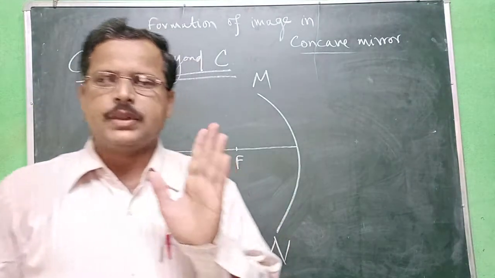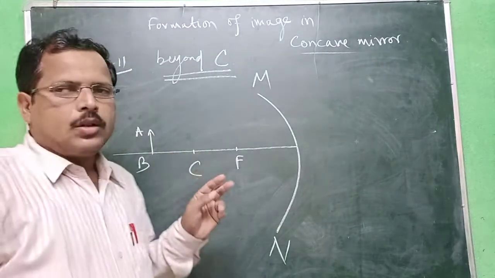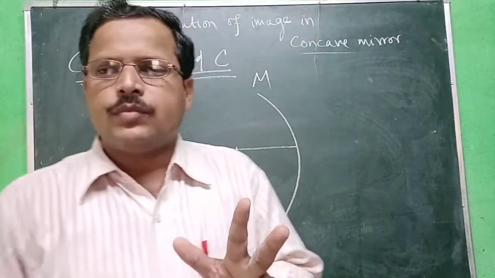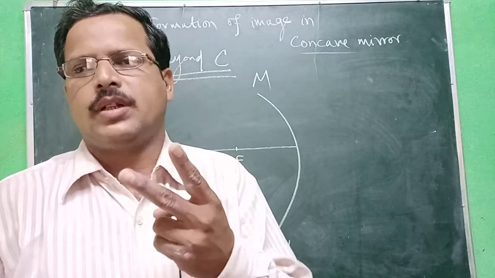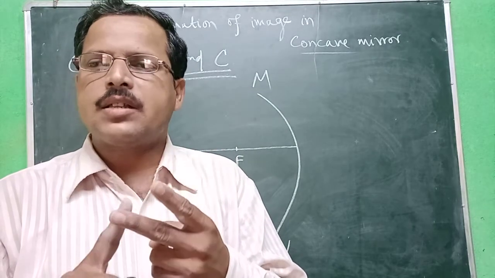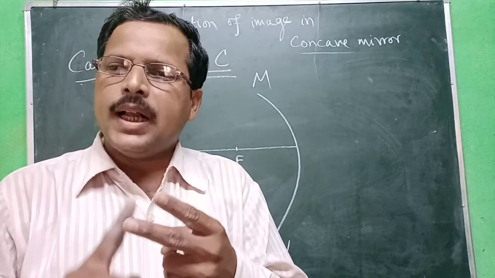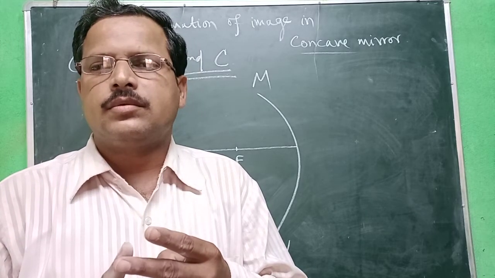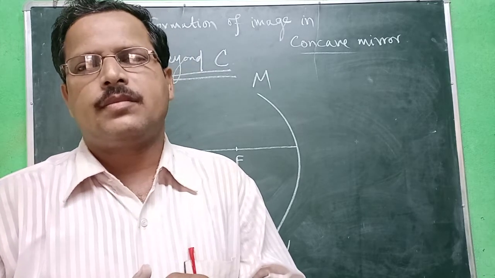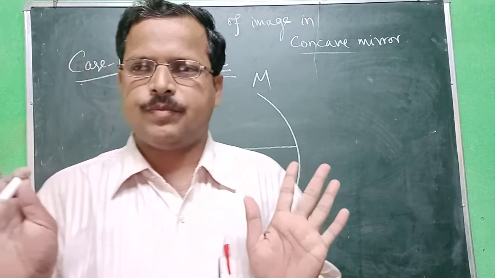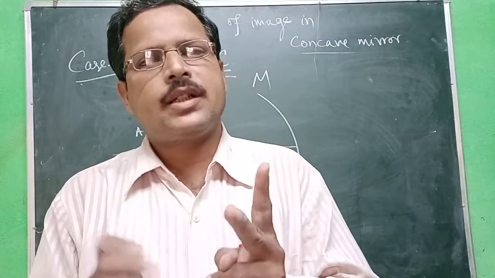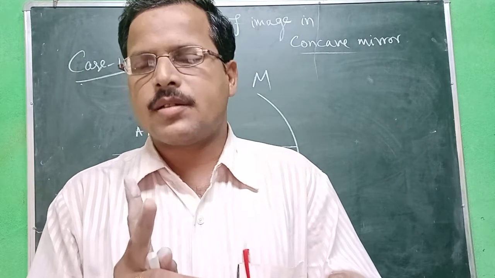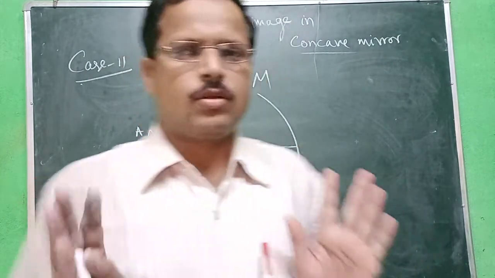Next, as I said earlier, to get the image we need at least two reflected rays; where they meet each other, there the image is produced.